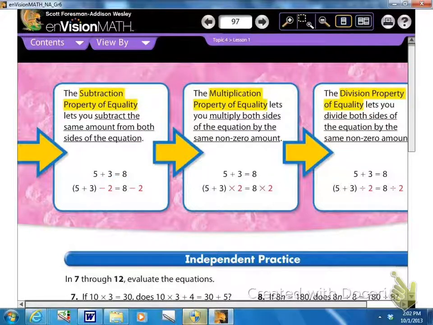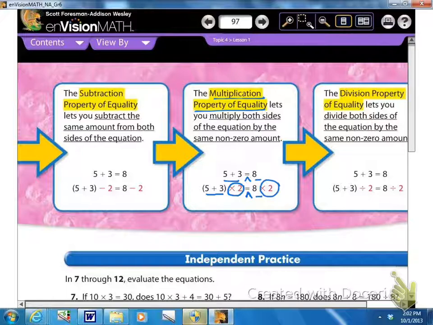And then we have the multiplication property of equality, and that says in an expression like 5 plus 3 equals 8, I can multiply both sides of the equation by the same non-zero amount, so any number that's not 0, and again, both sides would be balanced. So here I have the same expression, and I've multiplied by 2, and I'm still equal because on this side, I did the same thing.